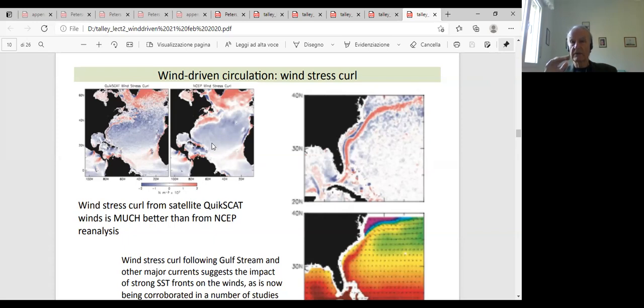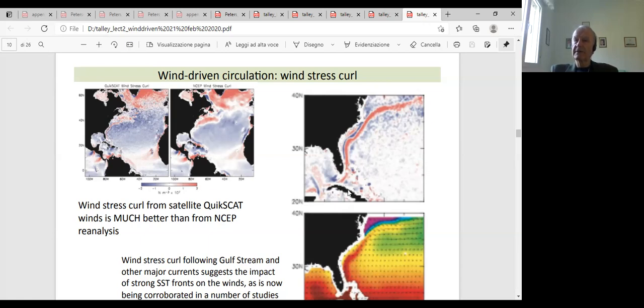We do see also the smaller scale structures which are associated to the orography, which are not seen in this wind stress curl reconstructed from the numerical model.